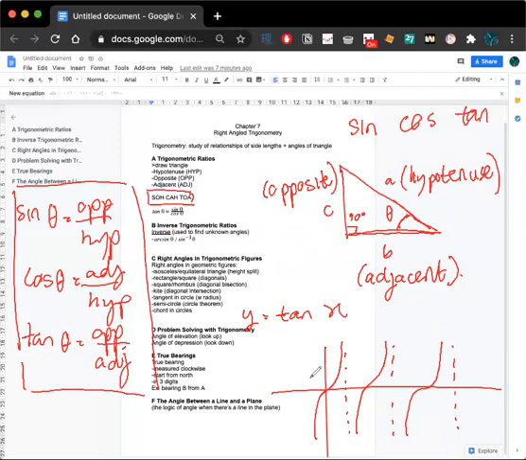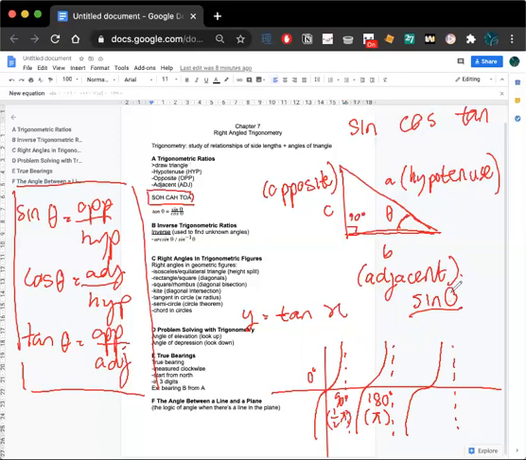Where this is 0, this is 90 degrees, this is 180, or pi, 1 over 2 pi. And interestingly, this graph is also created by inputting sine theta over cos theta.